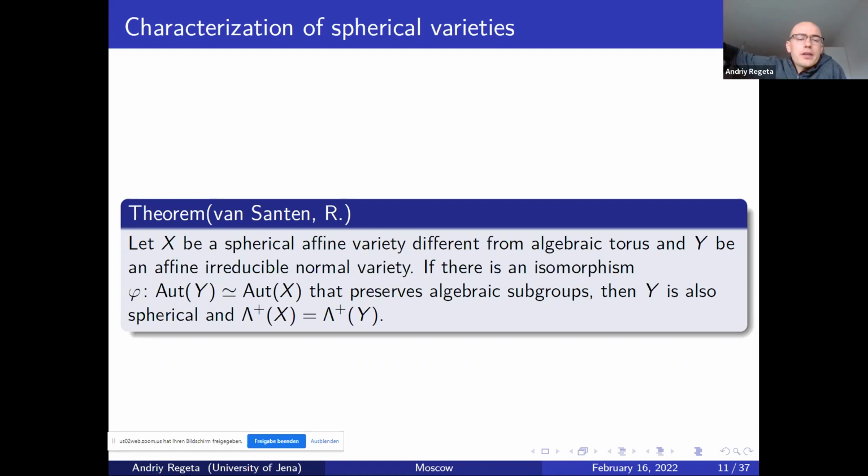Let X be a spherical affine variety different from algebraic torus, and Y be an affine irreducible normal variety. If there is an isomorphism from Aut Y to Aut X that preserves algebraic subgroups, then Y is spherical and X and Y have the same weight monoids.